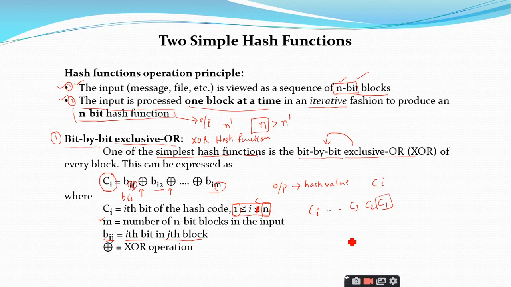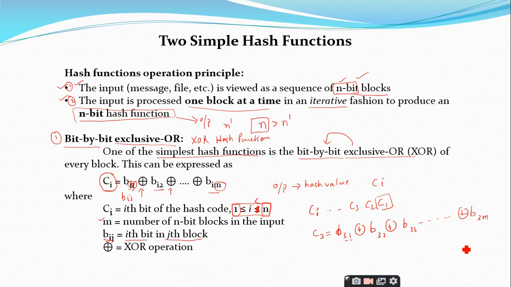If I want to convert this formula to the third bit, to find C3, it can be written as B3 of 1, that means the third bit of the first block, exclusive OR with the third bit of the second block, exclusive OR with the third bit of the third block, and so on, exclusive OR with the third bit of the mth block.